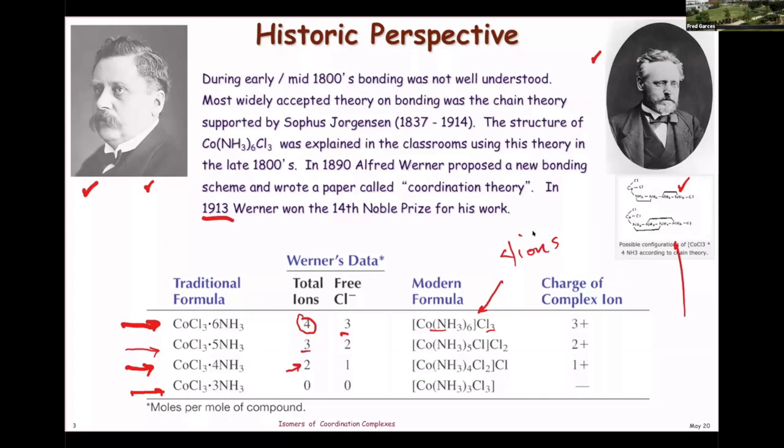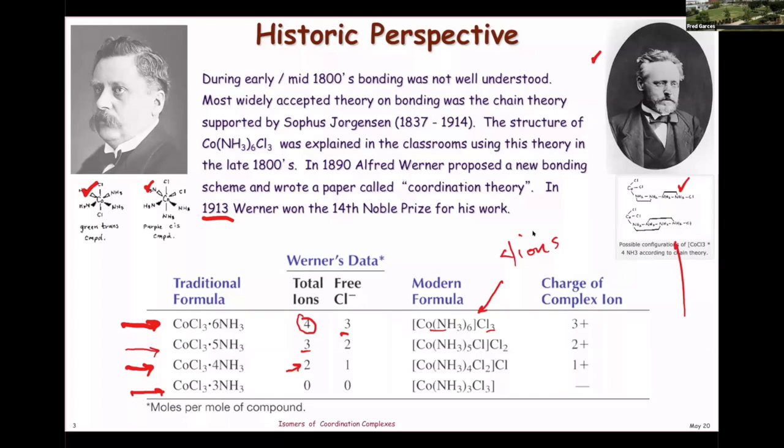And Jorgensen, although he made a lot of great contributions to chemistry, you could look him up in organic chemistry, he was really never the same. So that is how coordination chemistry was born by a chemist named Alfred Werner.